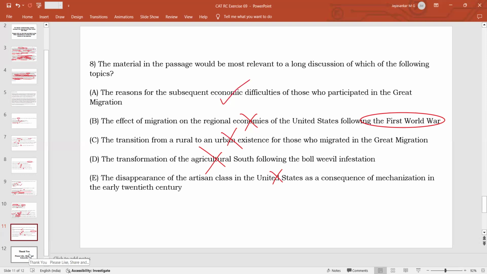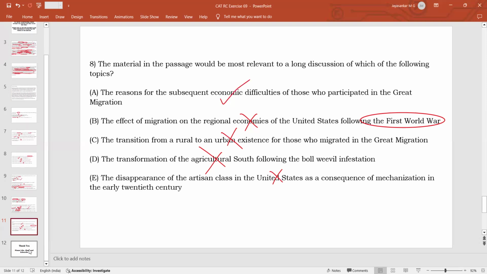Just from your memory, you can answer the questions. This is the importance of reading comprehension. Logical skills do play a role, but more than the logical skills, it is the reading comprehension. If you are able to develop the reading comprehension skill, the logical skills can be developed very easily and it will fall into place and you can easily answer the questions.